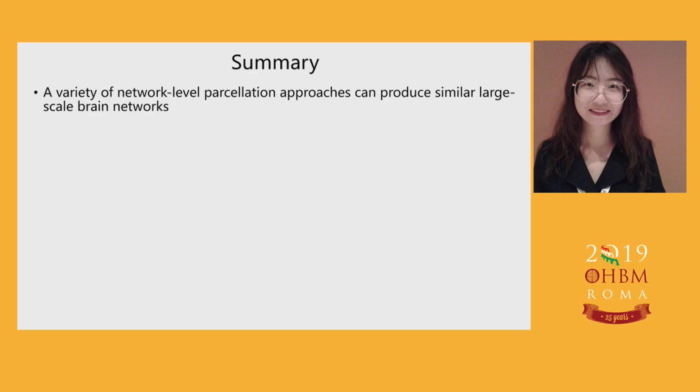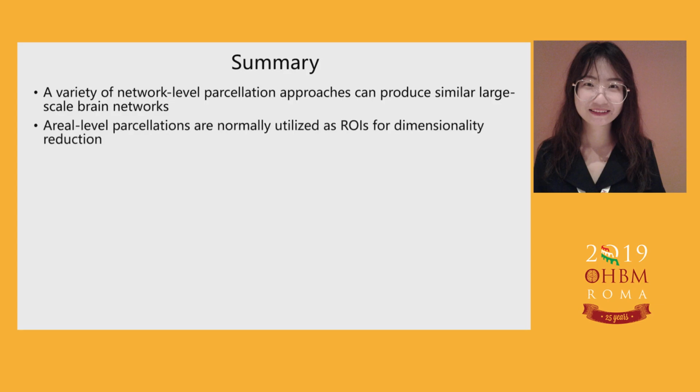So in summary, in this education course, I have described several approaches for estimating network level parcellations, and it was worth mentioning that although there are different approaches, the large-scale networks are actually consistent across studies. I also described several area-level parcellation approaches, and because the area-level parcellation is normally utilized as the region of interest for dimensionality reduction, we would expect the time courses within each parcel to be highly similar.